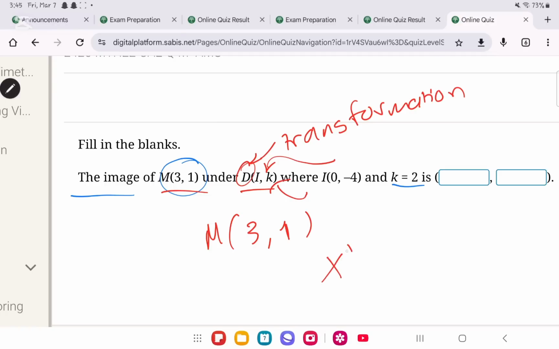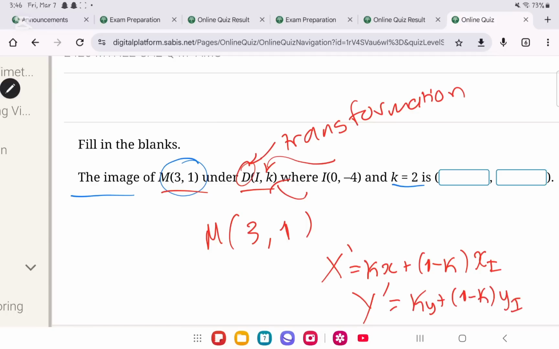So to find the x prime of M, we're going to apply the rule: constant times x plus (1 minus constant) times x of I. And to find the y prime, it's going to be constant times y plus (1 minus k) times y of the center. Okay? So very simply, to find the value of x prime of M, it's going to be the constant 2 times 3 plus (1 minus 2) times x of I, which is 0.